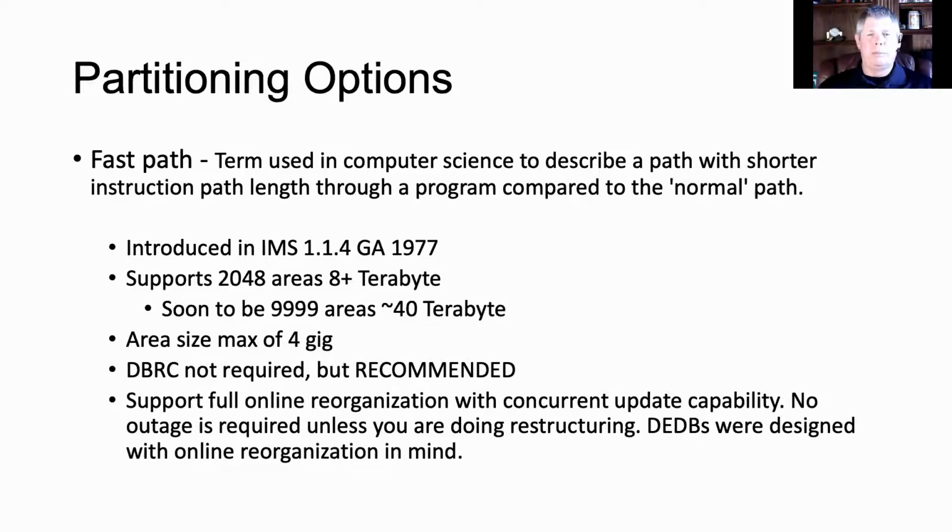you can do that without an outage, unless you're trying to do a restructure, which is basically trying to do a schema type change. If you're needing to do a schema change, yeah, that can be a little bit of difference with FastPath, because for most schema changes, you have to bring the whole FastPath database down. So all your areas have to come down, and that could be quite a long period of time.